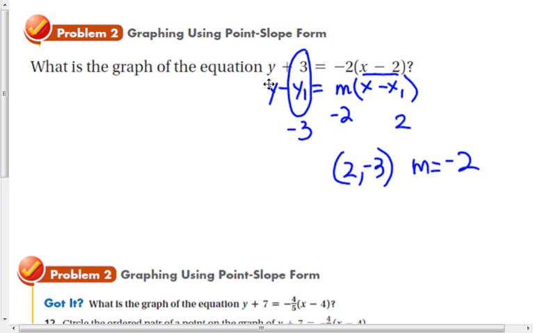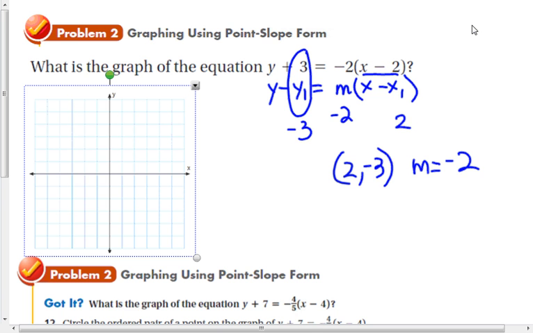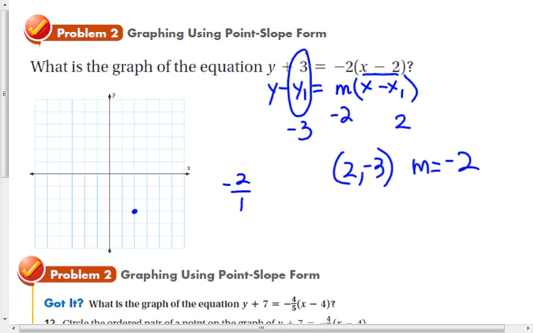And I'm going to use that to make a graph. I'm going to pause so I can get a grid up for that. All right, so let's put the point (2, -3) on the graph, and that's right here. And we're going to use the slope of -2. Now remember, a slope can be written as a ratio of rise over run. So -2 for a rise, we could think of that as down 2.